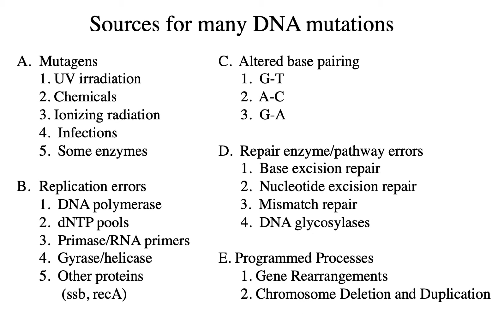So then to fill out this table, we've talked about mutagens and how those can create mutations, replication errors, altered base pairing, and repair enzyme pathways. But then I talked about other types of changes in the genome, including gene rearrangements.